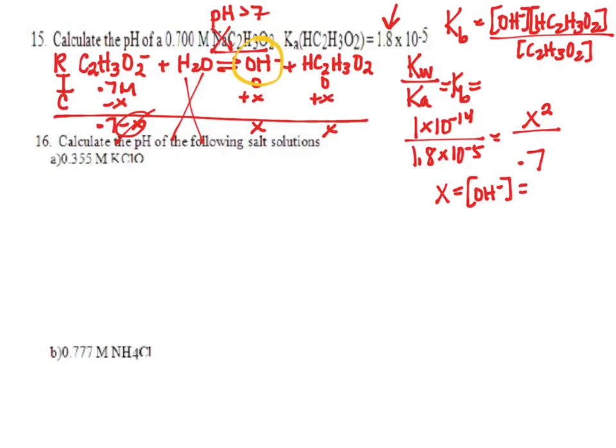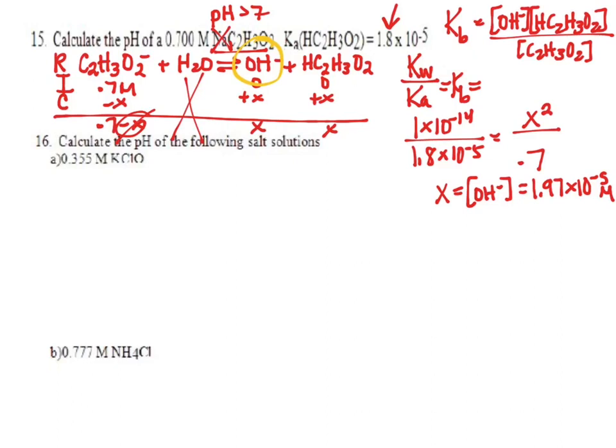Can we cross multiply? It's either way you want to do. 1.972 times 10 to the negative 5th molarity for my hydroxide.